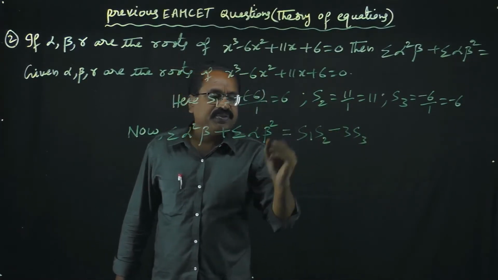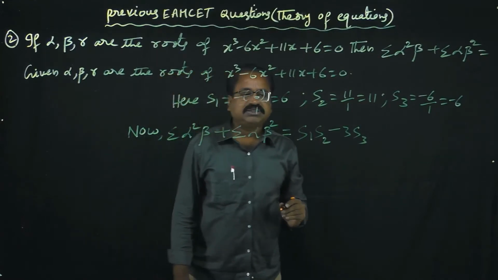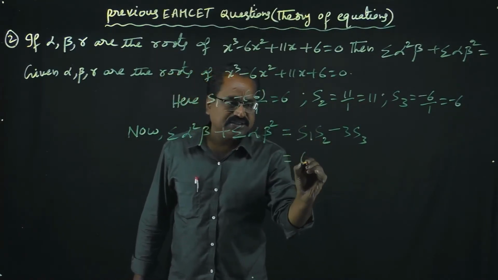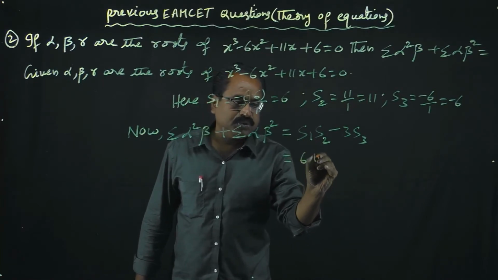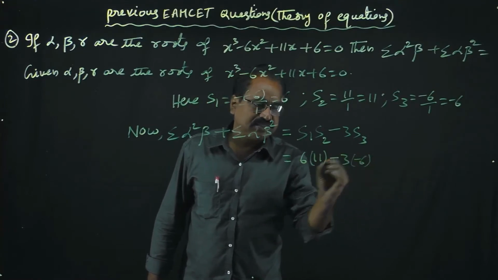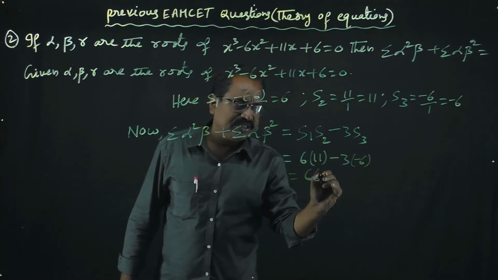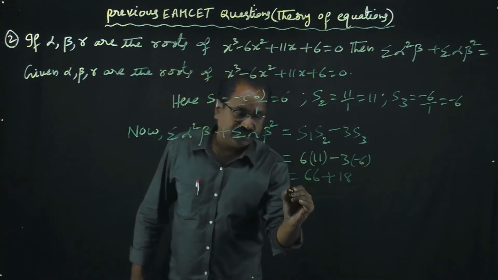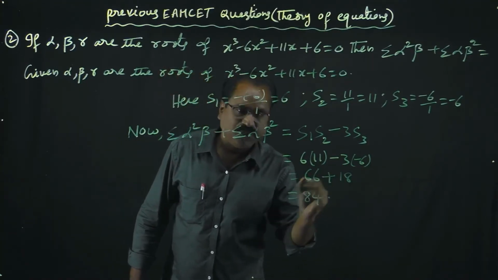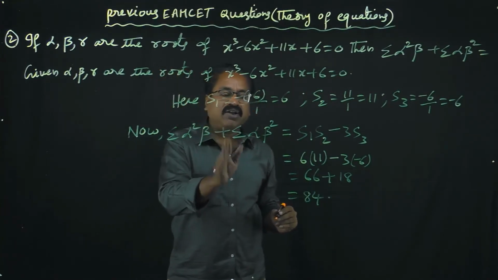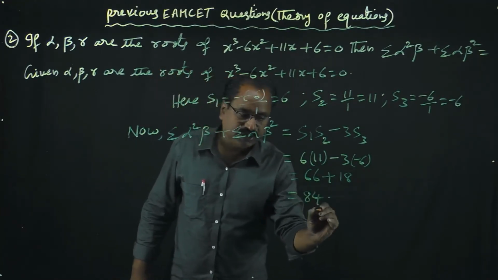Formula is S1 S2 minus 3 S3, that is equal to S1 6, S2 into 11, minus 3 into minus 6. So 66 plus, here minus into minus is plus 18, that is equal to 84. So sigma alpha square beta plus sigma alpha beta square is equal to 84.